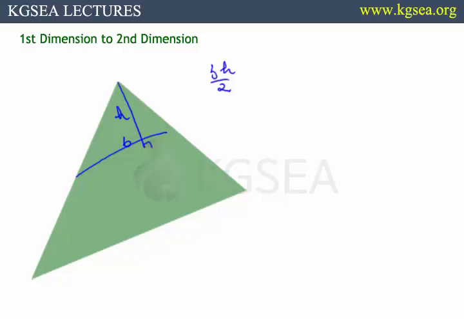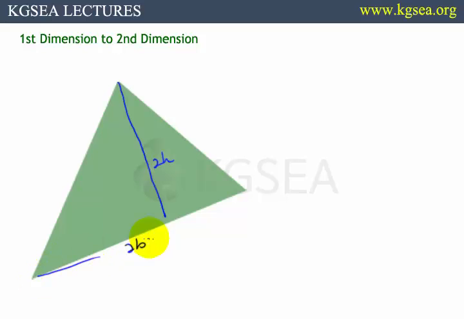This larger one, what would be the area of that? Well, this would be twice, I said, right? It's twice the height and it's twice the base. So what's the area of this? Well, base times height divided by 2. Compared to what you had before, remember what you had? You had BH over 2. This guy's 4 times that.